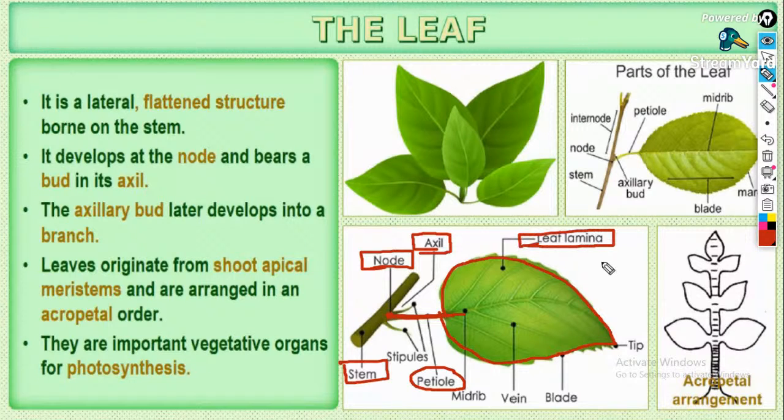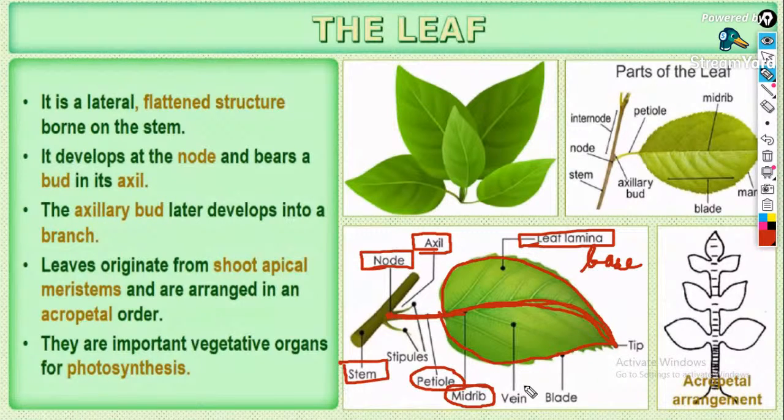And the petiole extends into the leaf lamina as a thick part that is known as the midrib.